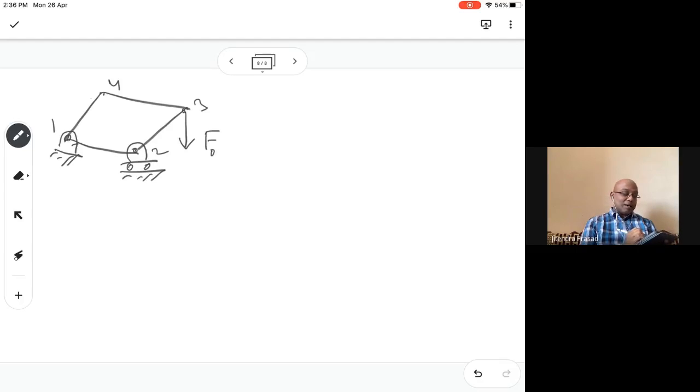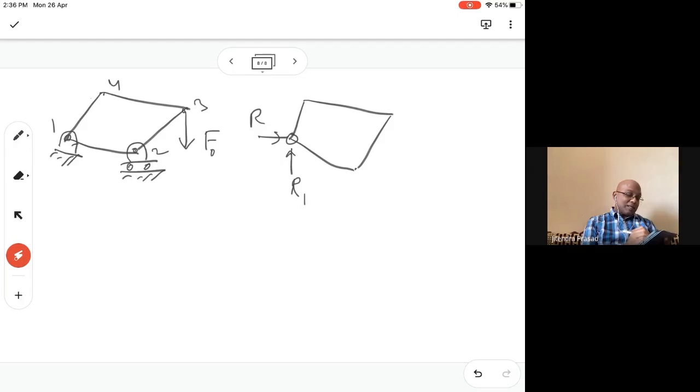For the force vector in that case, it's always good to draw the free body diagram, something you learned in high school. What do you have? We don't know the reactions here, so you say this is R1, this is R2. There will be no R2 basically here, but it doesn't matter.